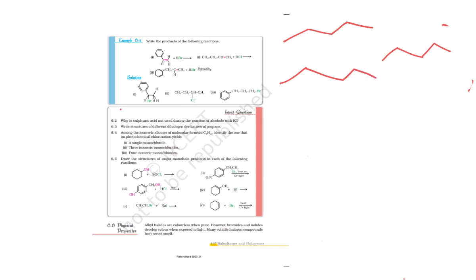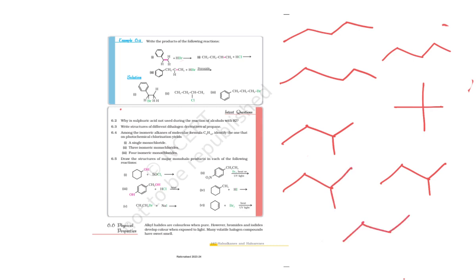Right? So next one more thing is the next product, this one isomer. Then 1, 2, 3, 4. So totally 8 isomers are possible. The single monochloro product is this one, right?